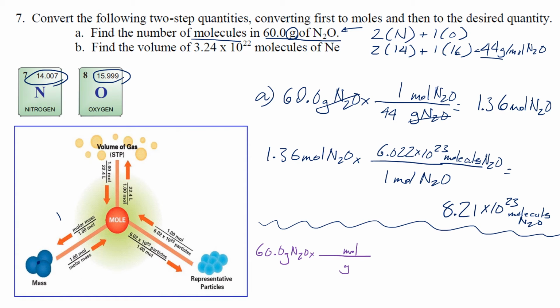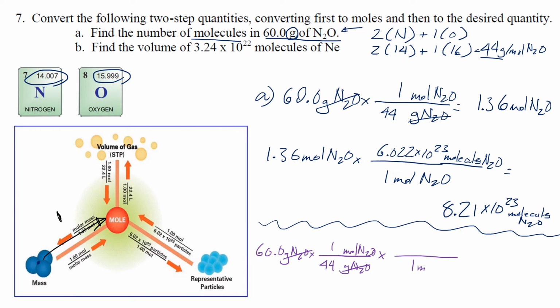Step 1, we go to moles. We know that it's 44 grams of N2O for every 1 mole of N2O. That gets us out of grams and into moles.